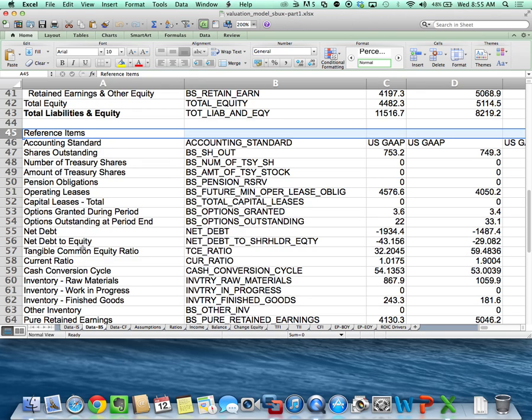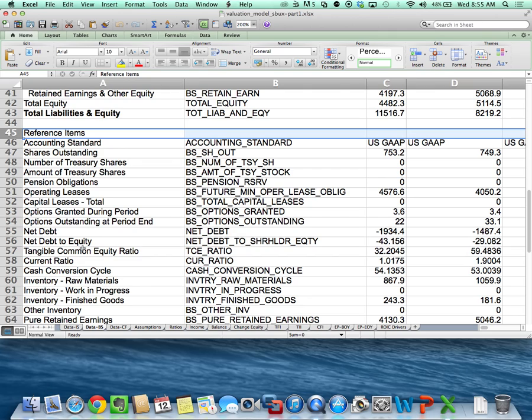Reference items primarily are coming from the footnotes of the 10Ks and the 10Qs, right, where a lot of important data is placed by companies, the tables of the footnotes. Or if they've summarized an item, they'll put some of the data they've summarized into the reference item section.